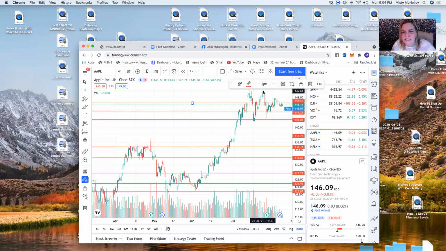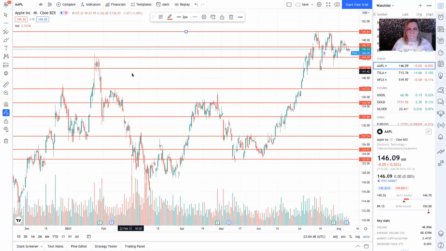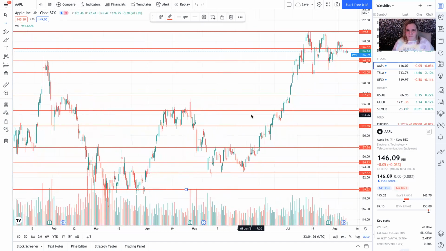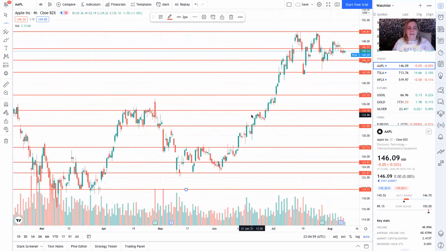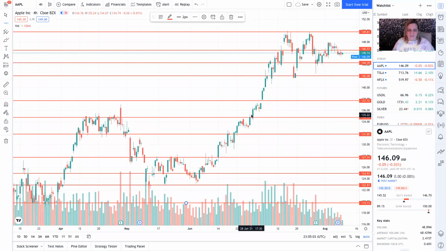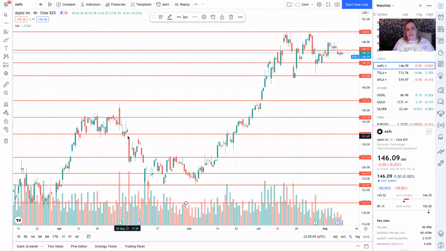So support and resistance lines, they look kind of like this. Take drawing mode off. Okay, so what happens though, in an instance like this, where price goes through your support line and it comes back up.